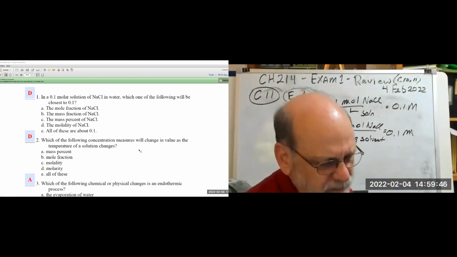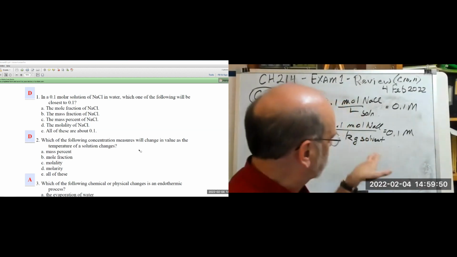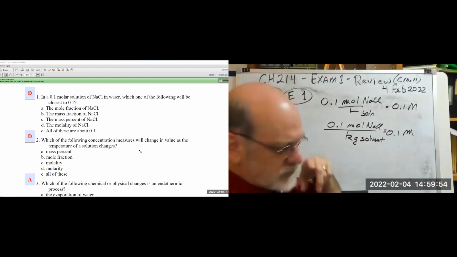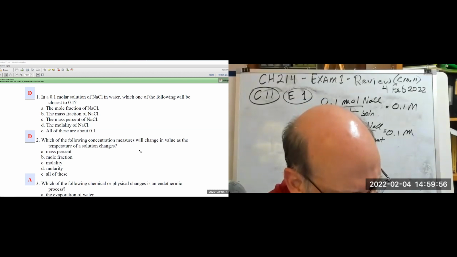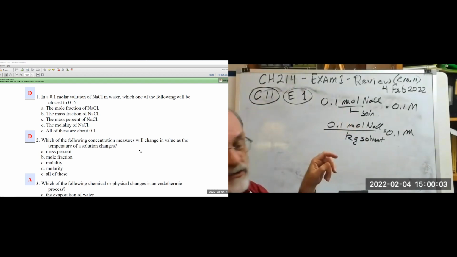It's not exact. Let's see, I actually did the calculation. Molality is a little bit less than this because, let's see. No, it should be greater. It should be greater because here it's liter of solution. Here it's kilogram of solvent.